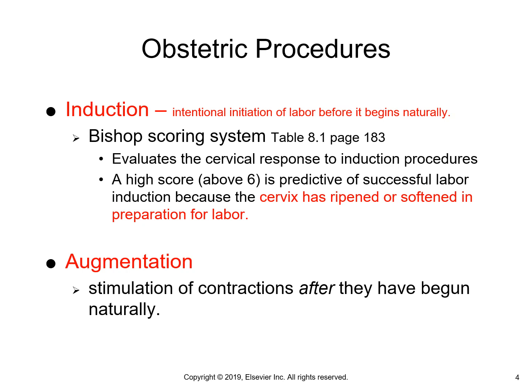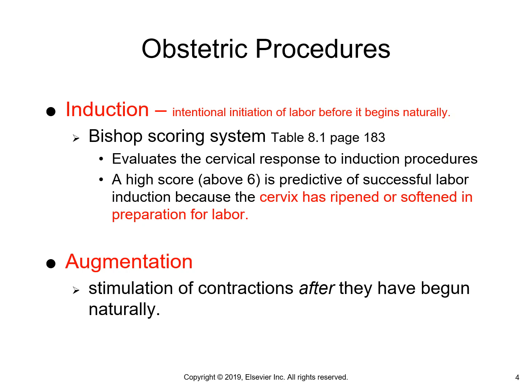So if you look at page 183, your table 8.1, this is a modified Bishop scoring system. You can see the dilation of cervix in centimeters, consistency of the cervix, length of the cervix, cervical effacement in percentage, position of the cervix, and then station of the fetus itself in relation to the ischial spines.